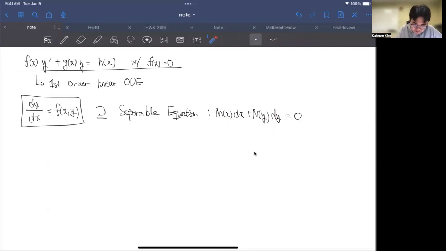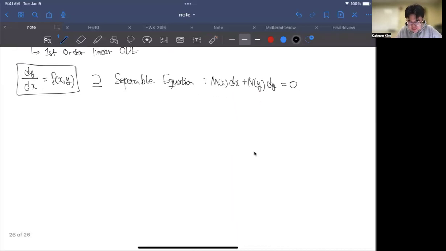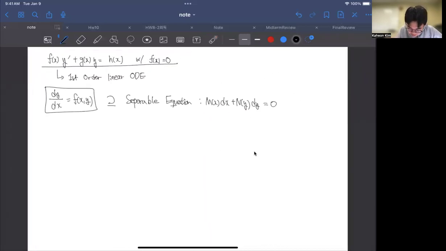x. So in this case, the special thing is that we can organize this equation in this form, putting all the x-related terms on one hand side and putting all the y terms on the other side.